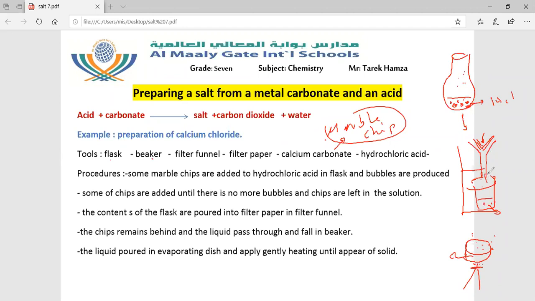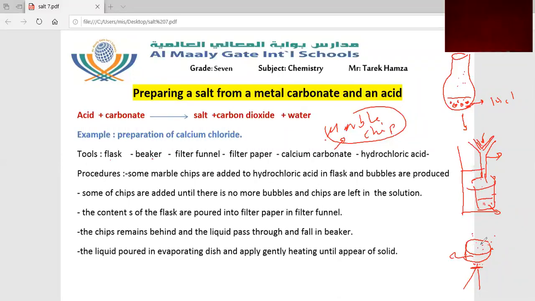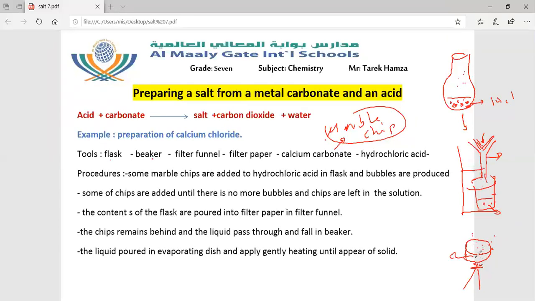Observation: there is a liquid falling into the beaker under the filter funnel. Take the solution and put it in the evaporating dish. Apply flame. Observation: there is a solid particle found in the dish. This is calcium chloride.